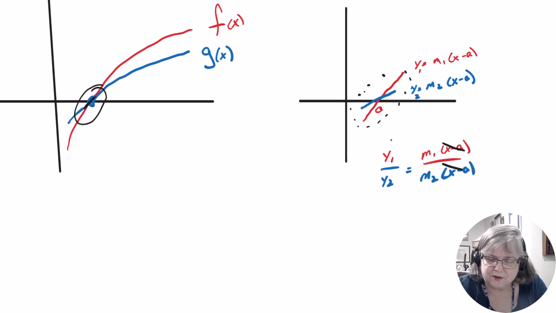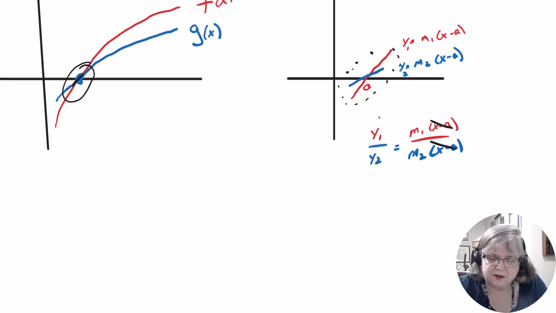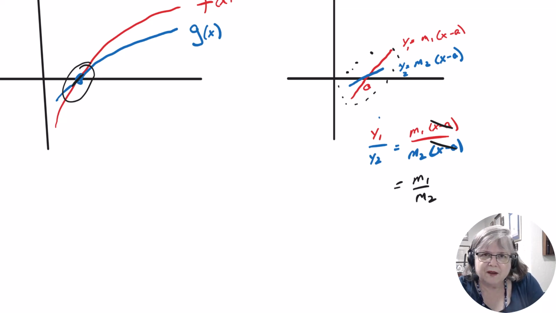And these two reduce. So what you're left with is the ratio of the slopes, right? And we get the slopes from the derivatives. So it would be y prime of 1 and y prime of 2, right?